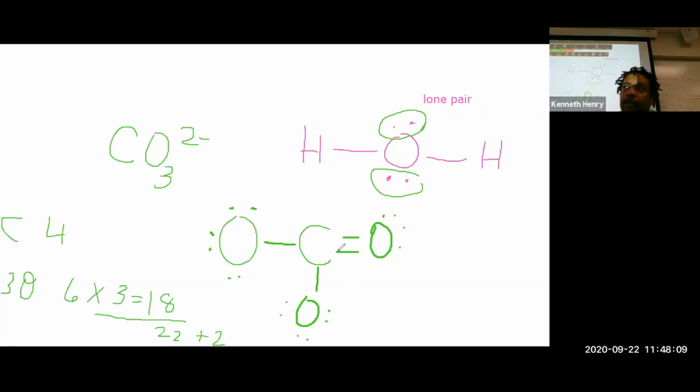Then that gives me 2, 4, 6, 8 around carbon, 2, 4, 6, 8 around this oxygen, around this oxygen, and around this oxygen. But we're not finished because we have to remind ourselves that it's an ion. So we put the brackets, and then we put the charge on the outside.